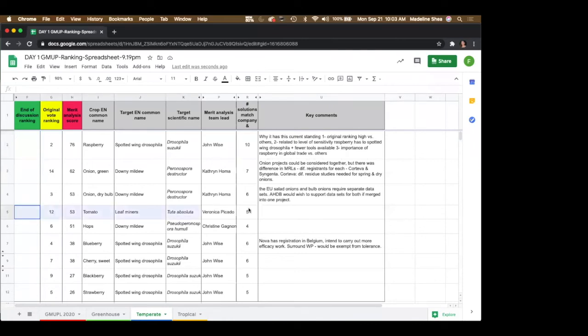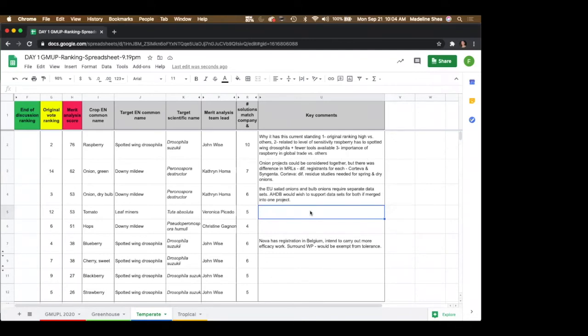So I'm just prodding our group for discussion here. Should that ranking change? Should it be above the blackberry, which would be a smaller number in ranking than blackberry, because of the high merit score? I'm not promoting one answer or another, but I'm trying to get the entire group to think about whether the ranking as it stands is reflective of the whole process or whether we need to make some changes.